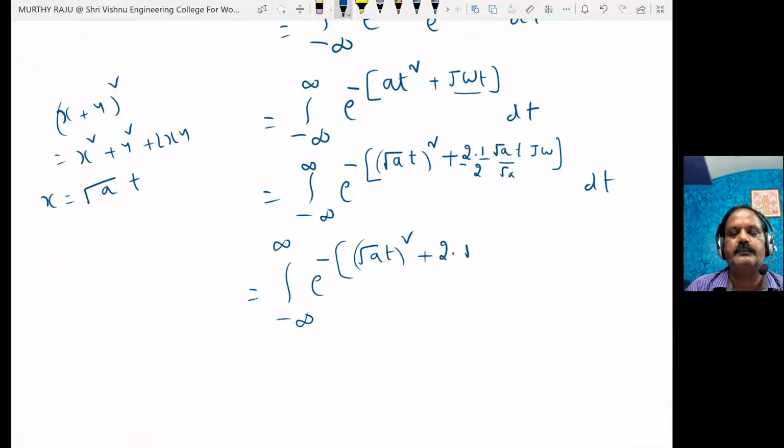The remaining terms are j omega by 2 root a, that is the y. Root a t whole square is the x. 2x is root a t. Y is j omega by 2 root a.